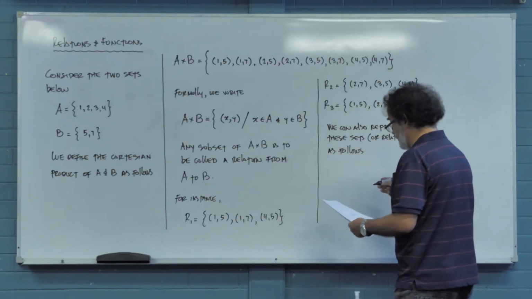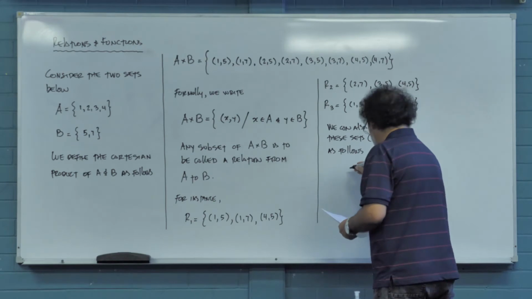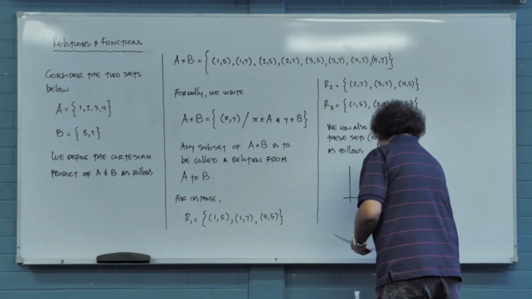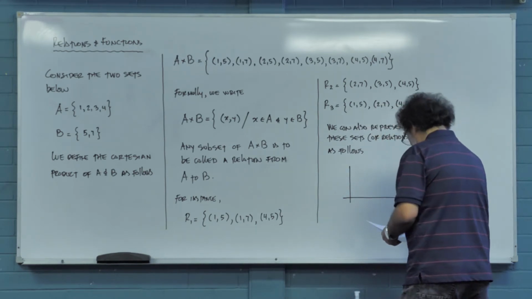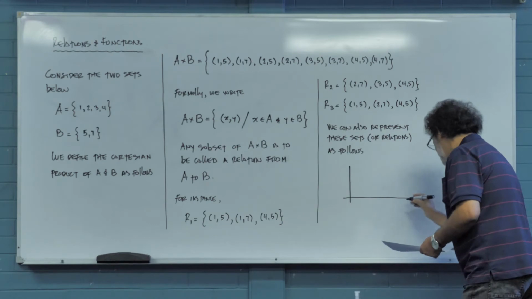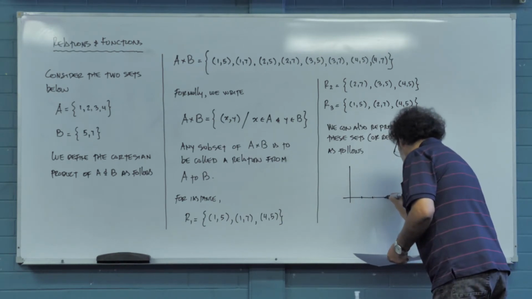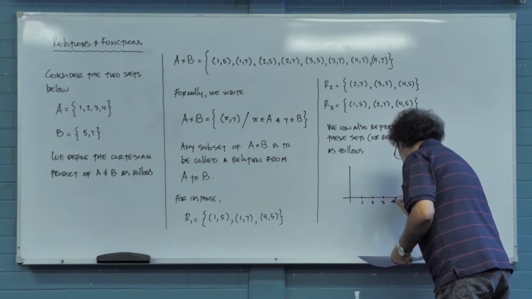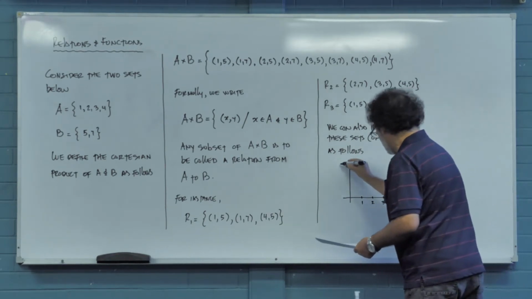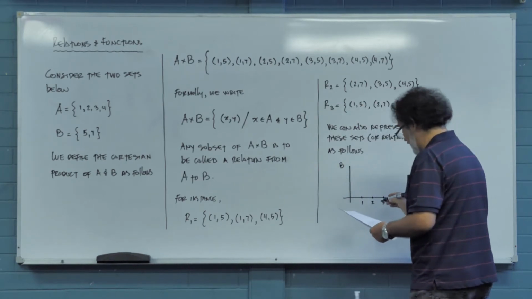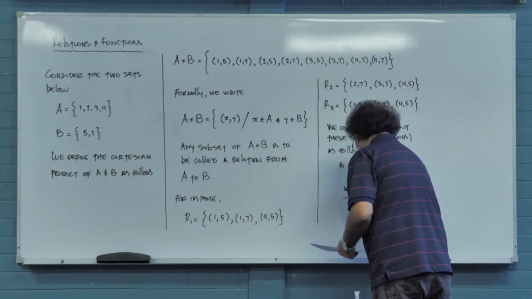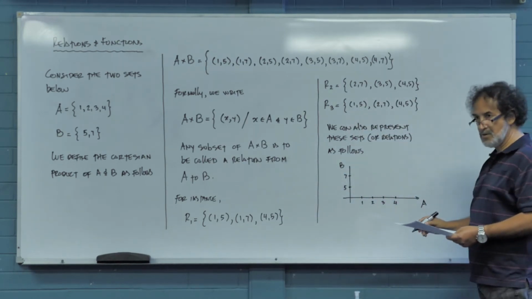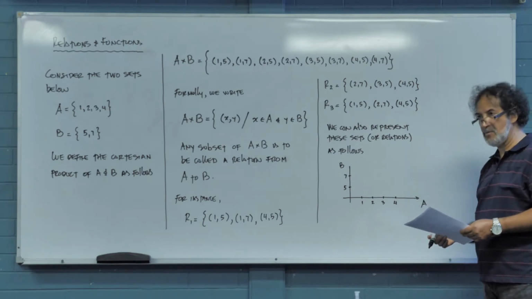Another way of doing this, I'm going to draw this. In here, I have A, so we have 1, 2, 3, and 4. And for B, I have 5 and 7. This is looking so much like a number plane.